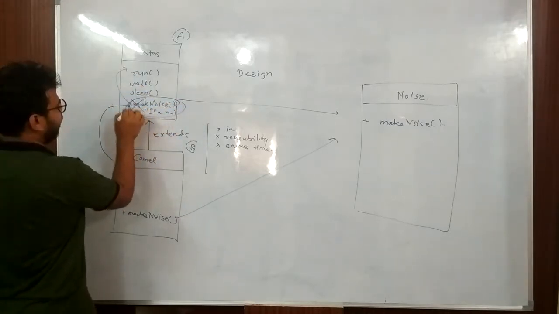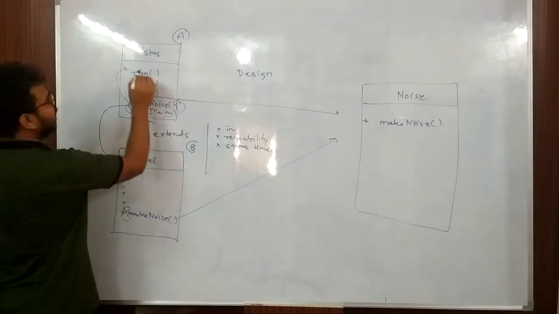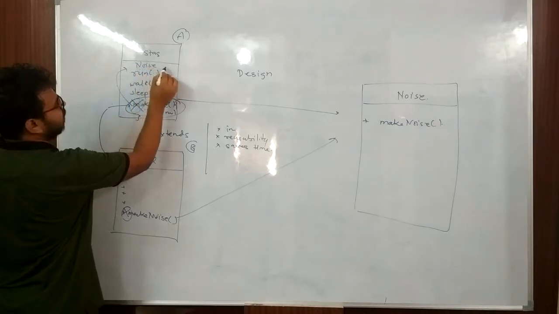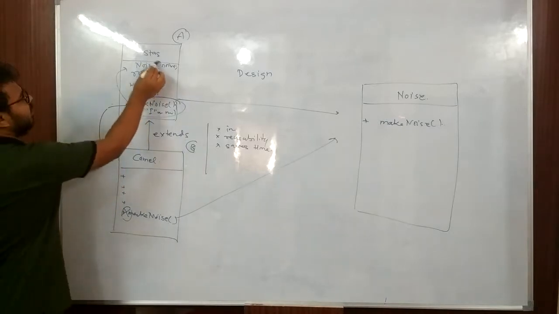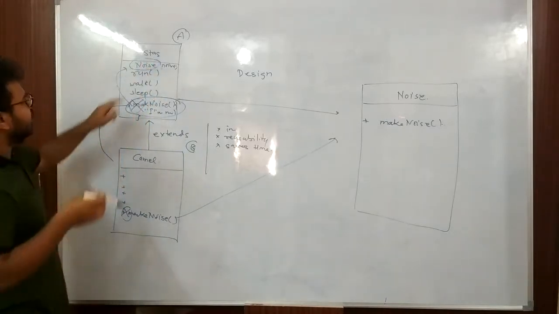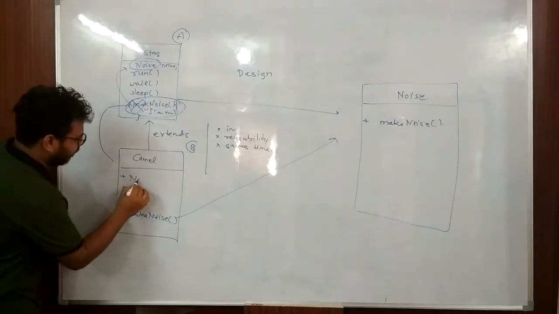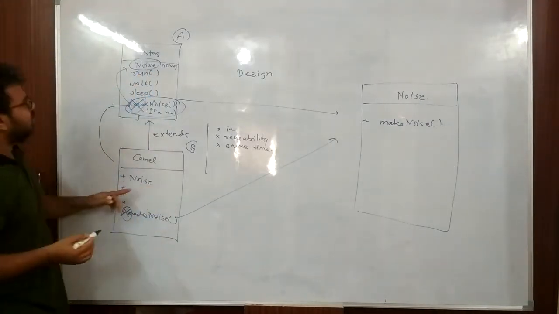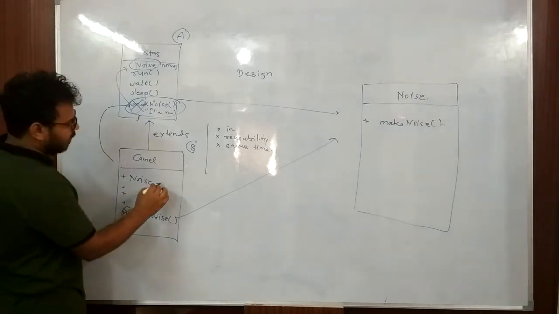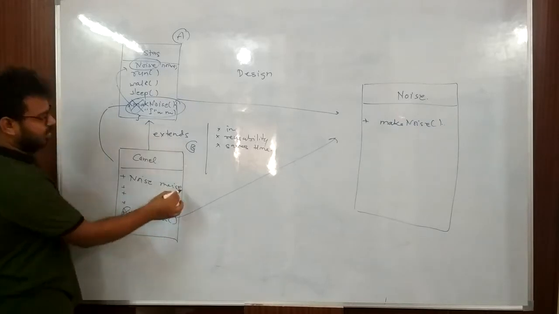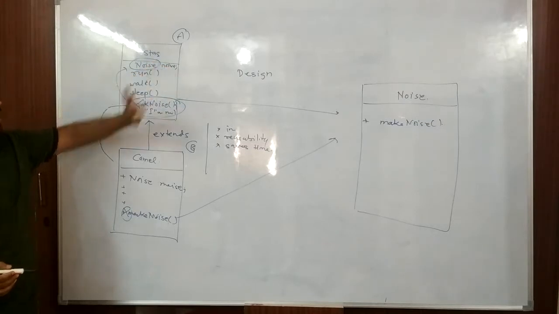This method is not here now, and this method is not here. Instead we will have a reference to Noise. This reference is very important. We can use this Noise here, and the same will be used in the Camel class too: Noise reference in Camel and Noise reference in Stag.